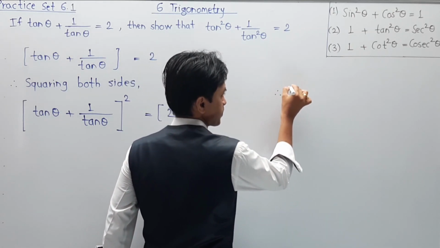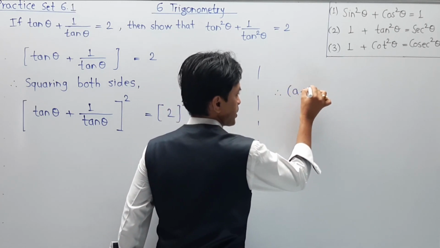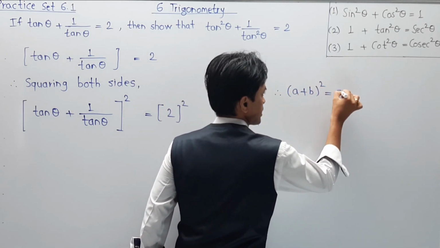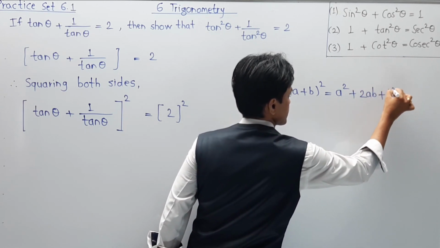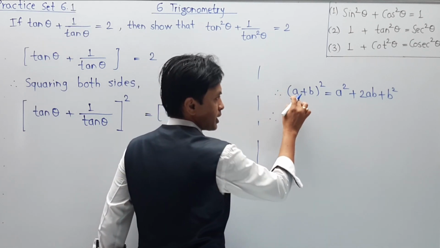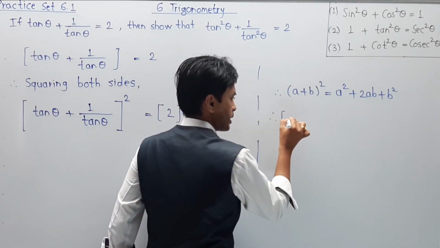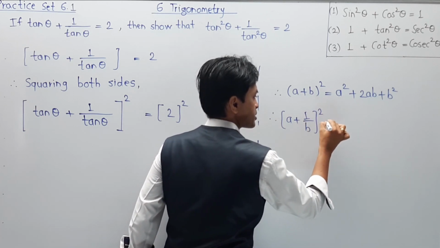First, a plus b bracket square is equal to a square plus 2ab plus b square. I am going to also help you with one more: instead of a plus b bracket square, a plus 1 upon b bracket square.